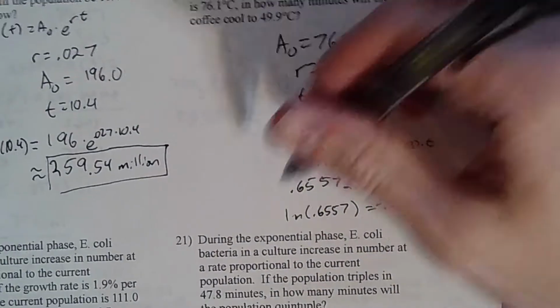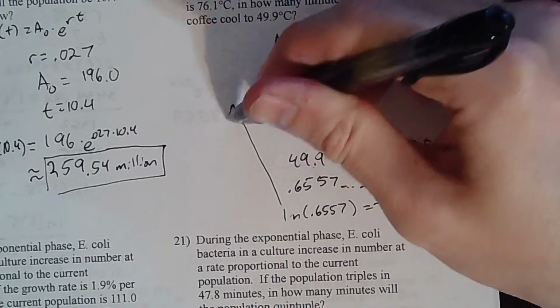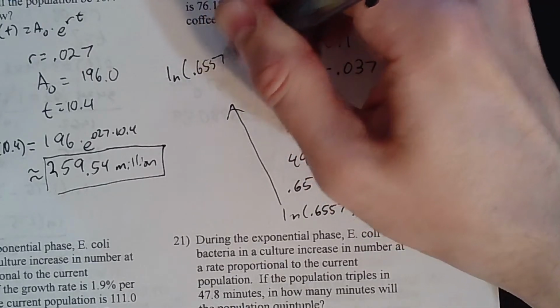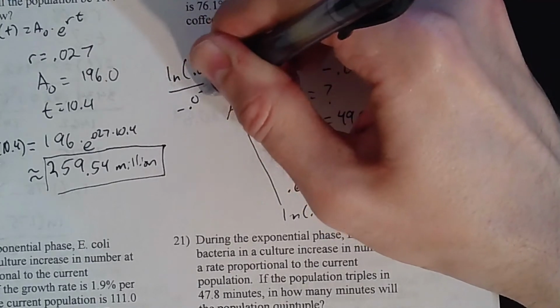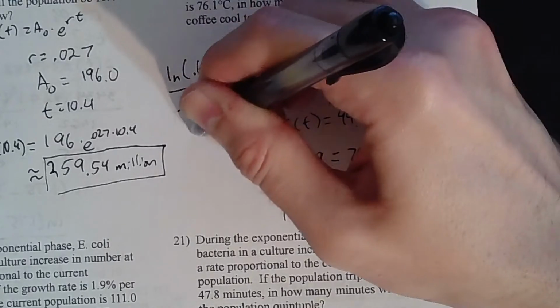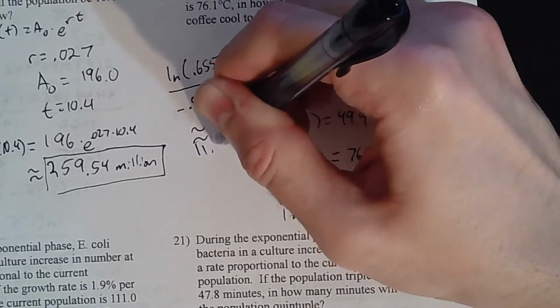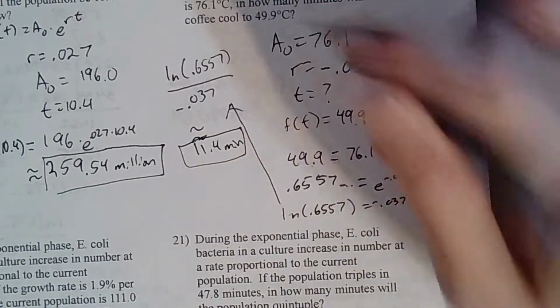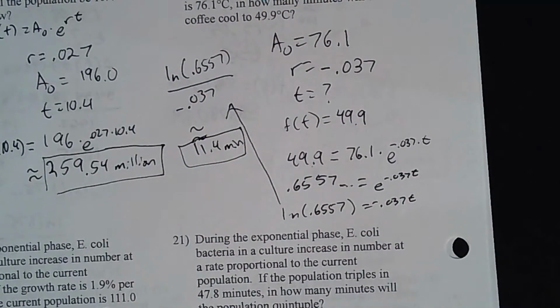Turns out, I didn't write the last step. ln of 0.6557 divided by negative 0.037 is approximately equal to 11.4, and in the question it looks like minutes. Not the end of the world, just got to keep on going.